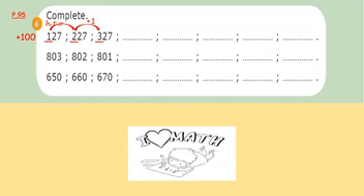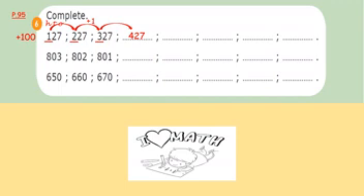So I have to change the hundreds digit and keep the ones and the tens the same. Look at the next numbers. To find the next number, I write 427. I add 1. Look, I just changed the hundreds digit. I add 1 to it and I keep the ones and the tens the same.